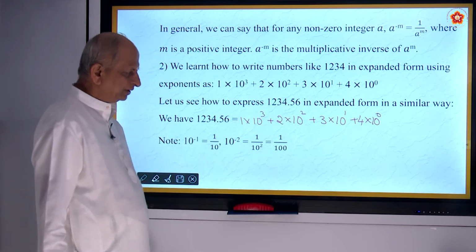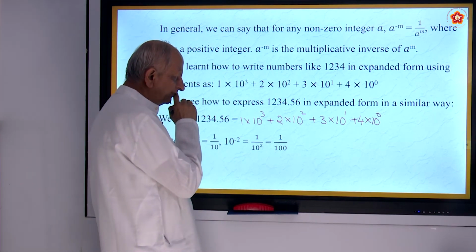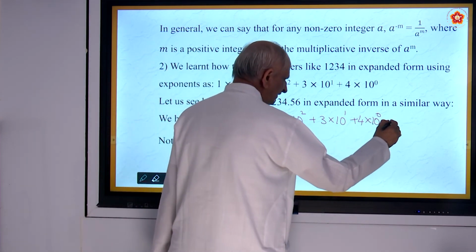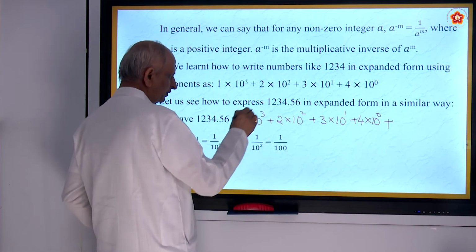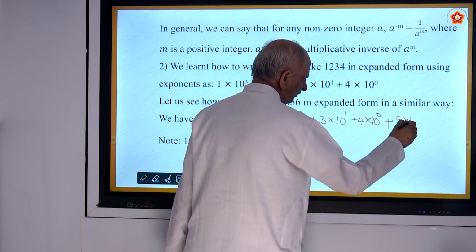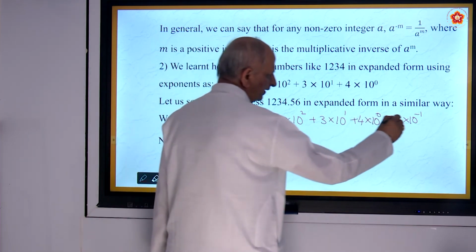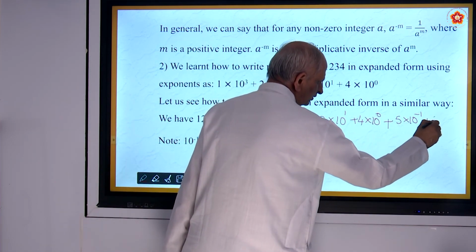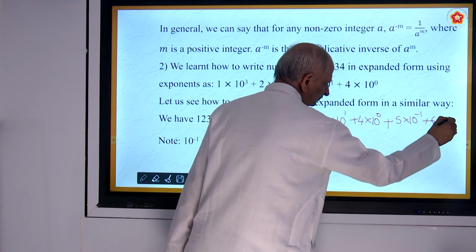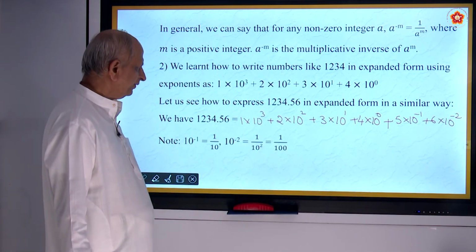We said anything to the power of 0 is 1. And then you have the decimal point, 0.5. What shall I write? First decimal place, 10 to the power of -1. What about 6? Second decimal place. That is all. That is how you are writing.